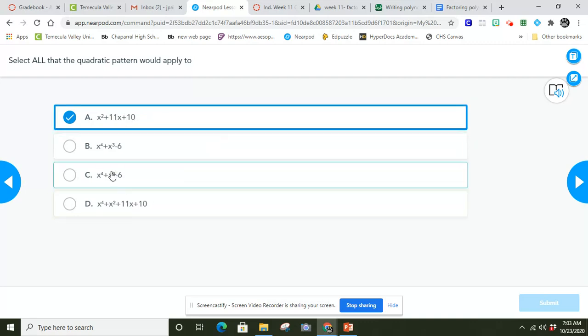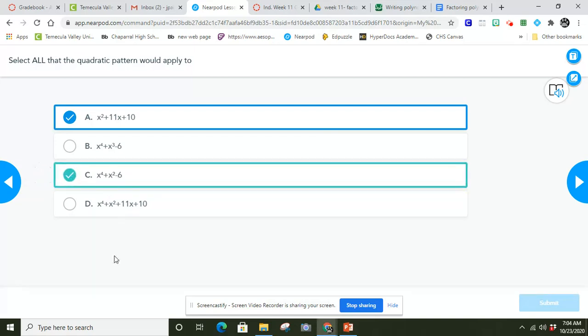That's 10 and 1, that'll work. 4 is even, but 3 is not half of 4, so B will not work. 4 and 2, so that works. Can I think of anything that multiplies to negative 6 and adds to 1? 3 and negative 2, so C works. And this is not a trinomial, so the quadratic pattern will not work on this. There's a different strategy that we'll learn when we get 4 terms.